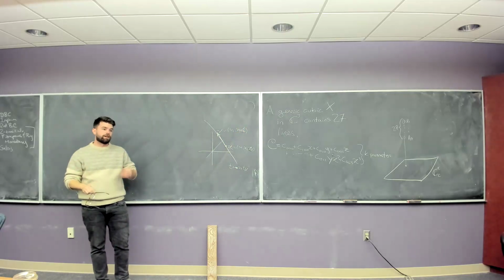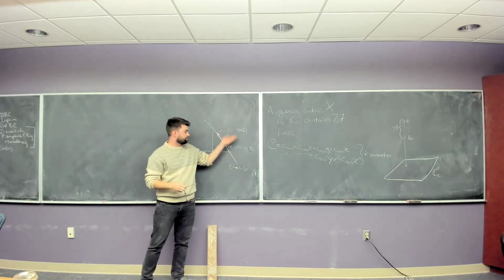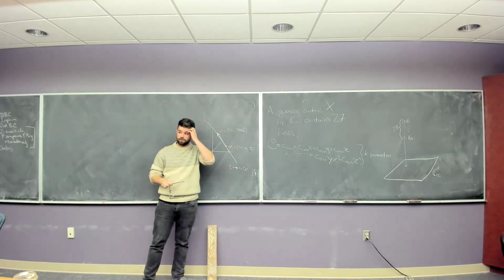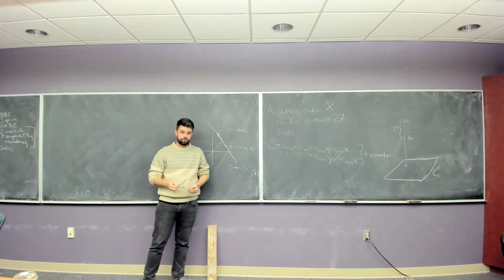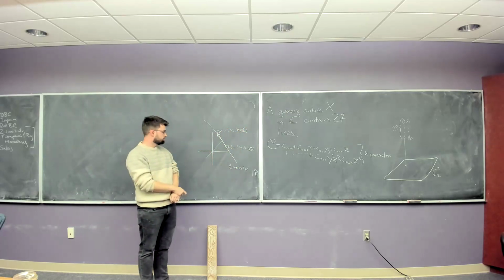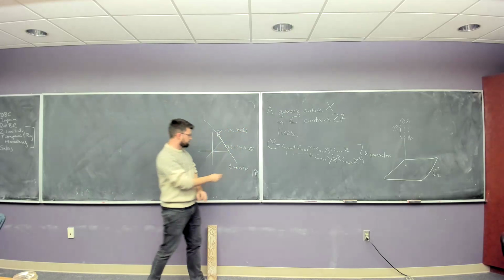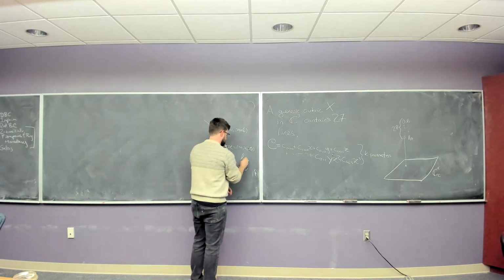So now almost all of my lines in three-dimensional space can be described by 4 complex numbers: U1, U2, V1, V2. I'll call this L of UV.